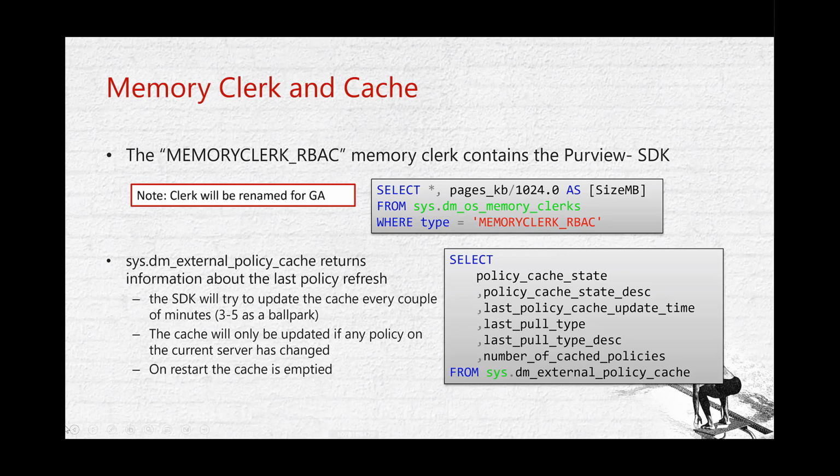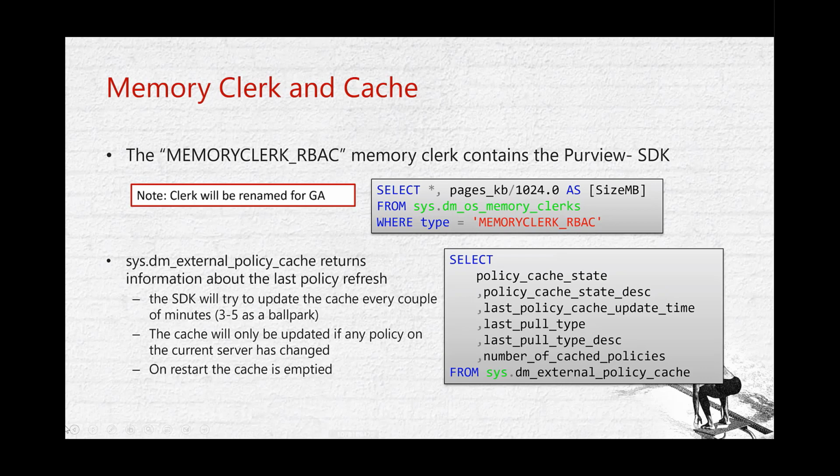So the second one on this slide is, once you understand that Purview authorization is being used and your memory clerk has a certain size, we have a way to tell how many policies are actually applied to your given SQL Server, when was the last time they have been updated, and also we do have two different types of updating policies.